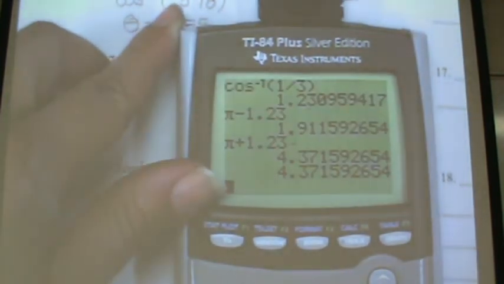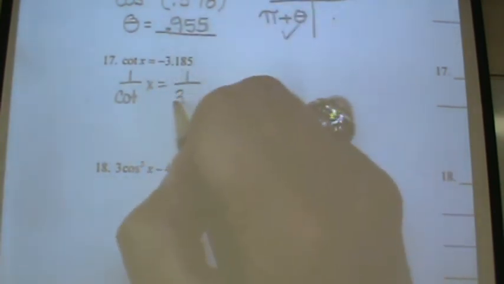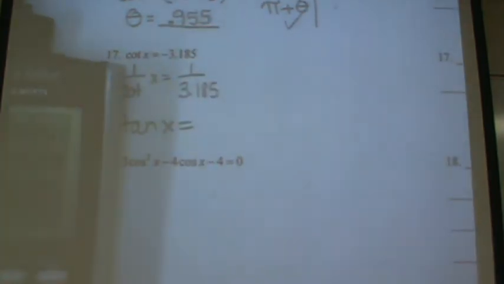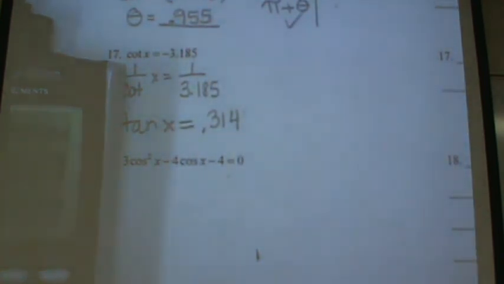Well, I would do 1 over. So you're going to do 1 over cotangent, and 1 over 3.185. Ignore the negative. So you have tangent and then 1 divided by 3.185 is 0.3139. Actually, if you rounded, 0.314. Okay?